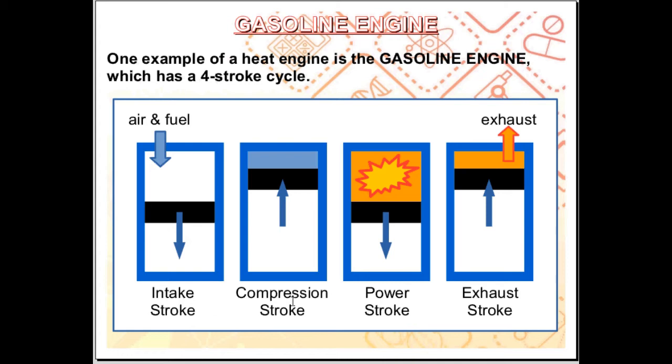So intake stroke, compression stroke, power stroke, exhaust stroke, and then it goes back to the intake stroke and so on. So one cycle is basically four strokes, and then you go back to the beginning of the cycle, the intake stroke. You have a four-stroke cycle.